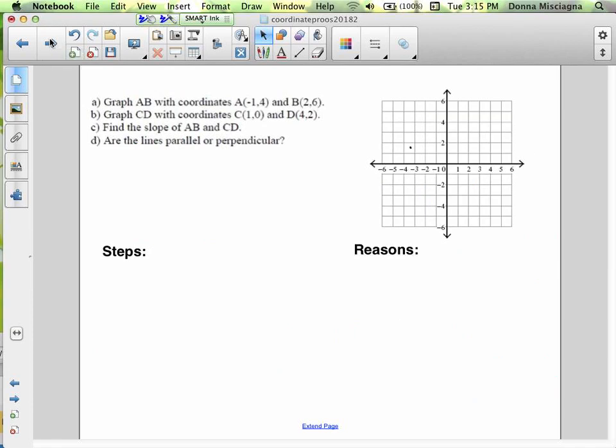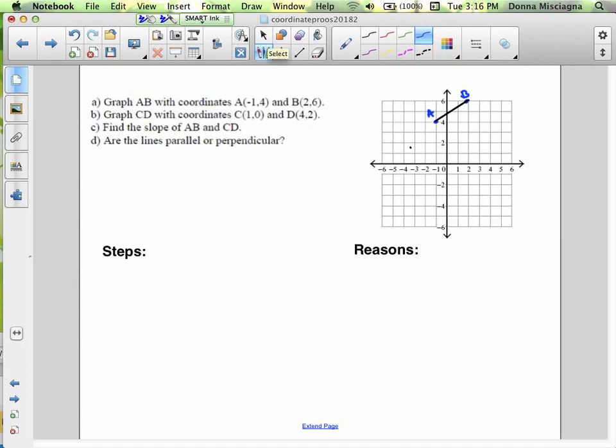We're going to graph AB. So A is negative 1, 4. And B is 2, 6. And we should connect those, and hopefully the line tool will want to come out and play. And I won't just move the dots around. All right, there we go. So that is AB.